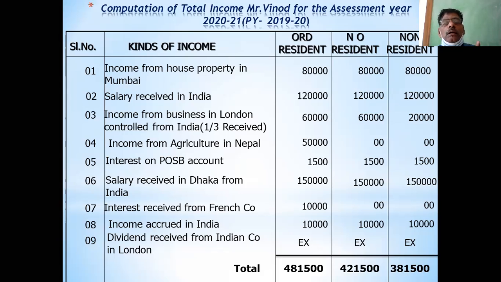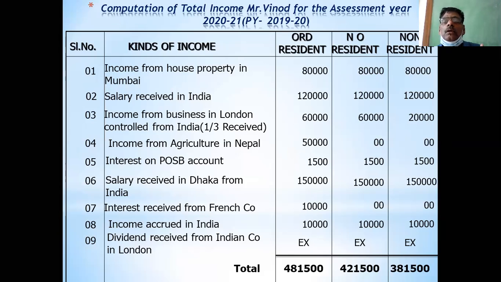This is the fourth point. Received in India, all the columns. Earned in India, all the columns. Received and earned outside India from business or profession, controlled from India, first and second column, third clue. And fourth clue is received and earned outside India, only first column.